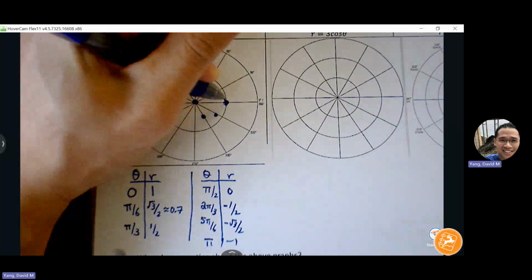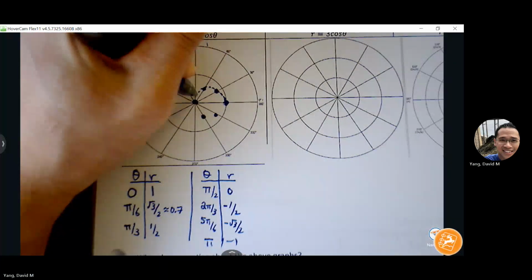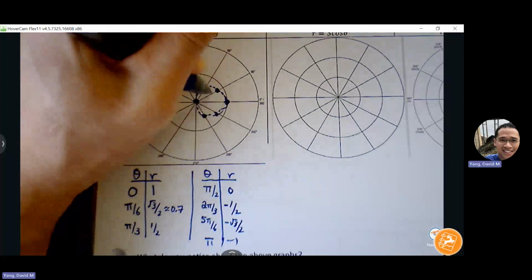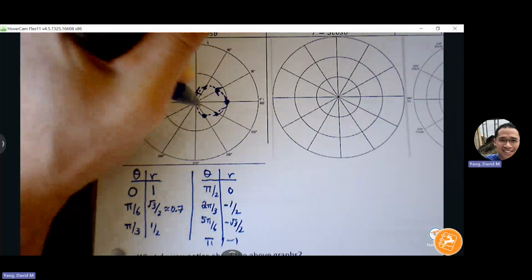So we can trace the polar graph that's created, and also we know the direction that it's headed, right? It's kind of going along this path there.